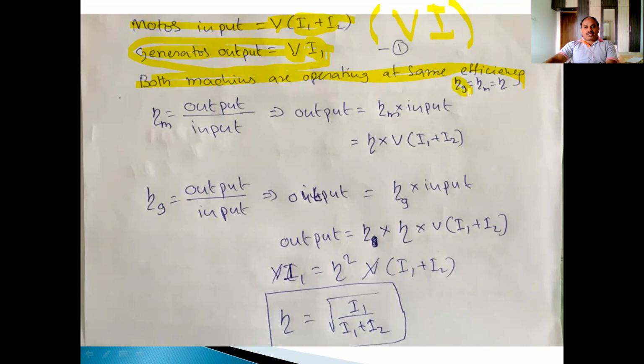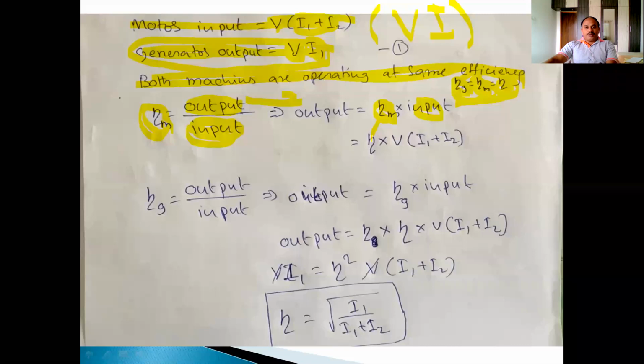That means generator efficiency equals motor efficiency, equal to psi. Motor efficiency equals output power by input power. Therefore output equals efficiency of the motor into input.